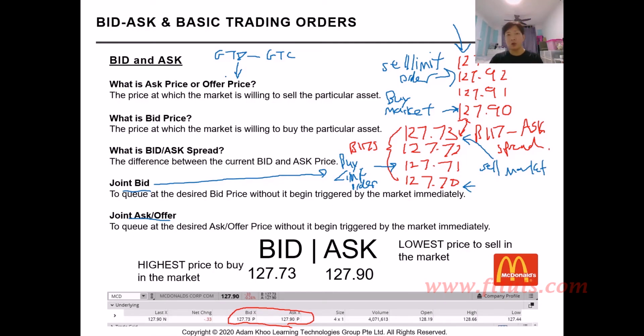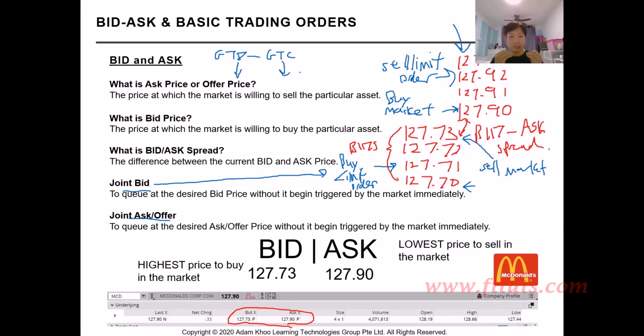And if you put an order called GTC, good till cancel, the order will be there forever and ever until you personally cancel the order. Okay, 99.99% of the time I use GTC orders, right? Especially when I enter the position using the OCO bracket, I will leave it as GTC because I want to do my own things and I do not want to worry about the order expiring.